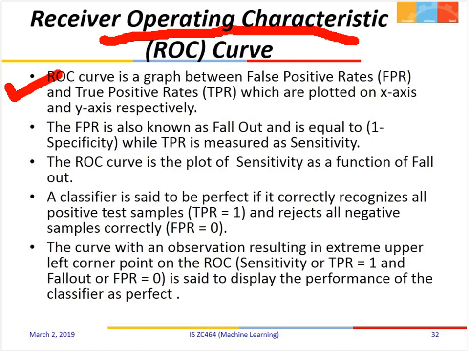So when you look at the receiver operating characteristic or ROC curve, you have TPR equals 1 and FPR equals 0. The curve with an observation resulting in the extreme upper left corner point on the ROC, that means true positive rate or sensitivity is 1 and fallout is 0, is said to display the performance of the classifier as perfect.